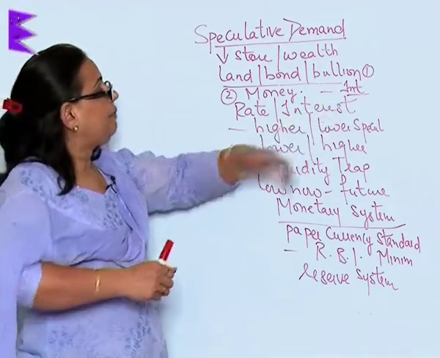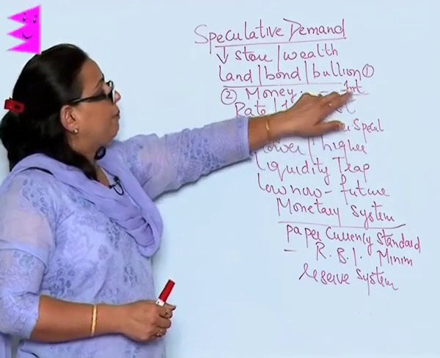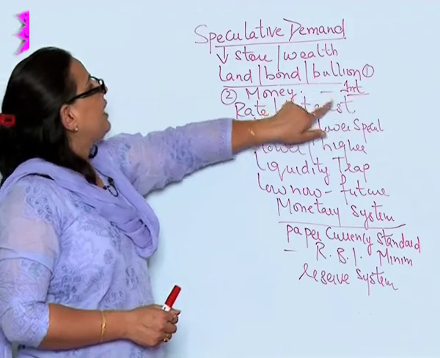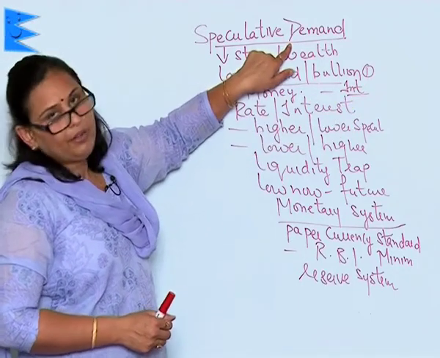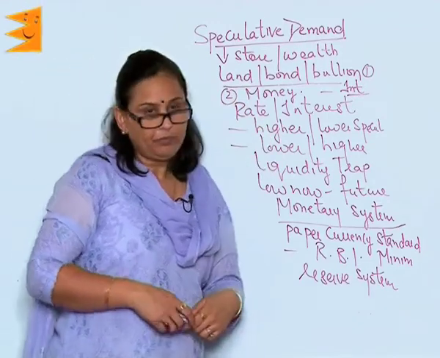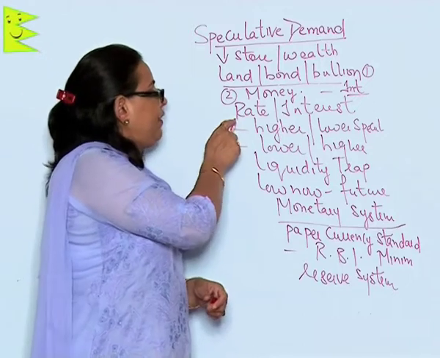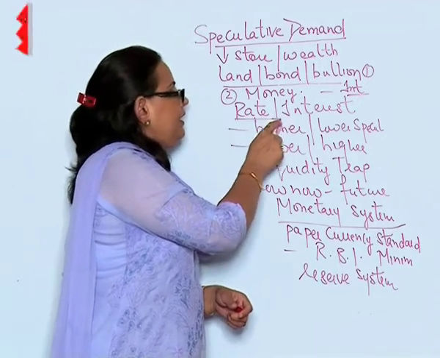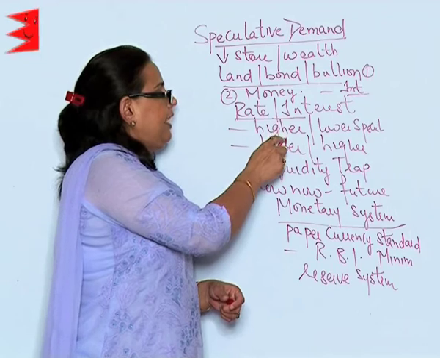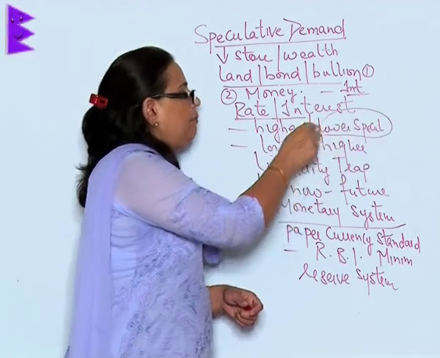Now that means there is a big relationship between the rate of interest and the speculative demand of money. What is this relationship? The relationship is that when the rate of interest is high, the speculative money shall become lower.